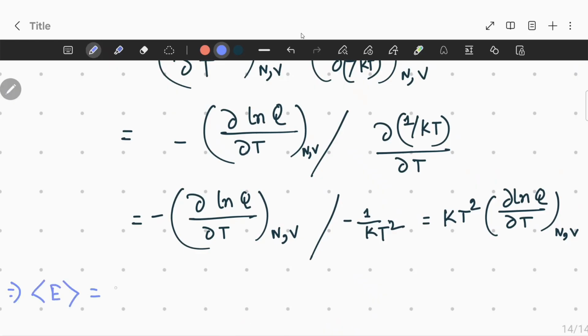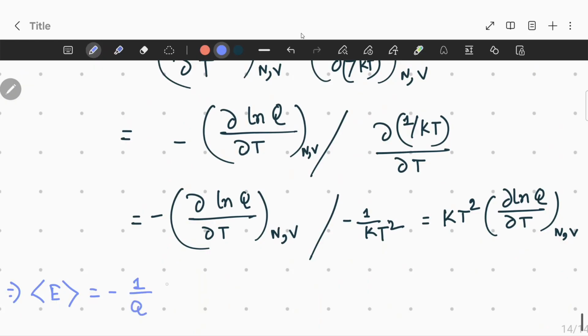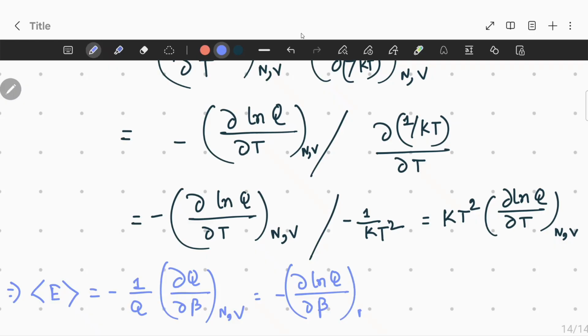Internal energy has three forms. First one is this one, minus del ln Q del beta. In the last course, I think pressure I did not do.